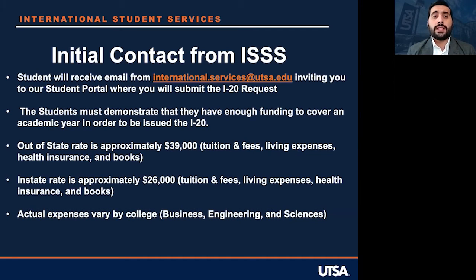It's very important that you understand that you must demonstrate that you have enough funding to cover an academic year in order for us to issue the I-20. Out-of-state rate is approximately $39,000, including tuition, fees, living expenses, health insurance, and books. It's a summary of how much university can cost. In-state rate can go up to $26,000.